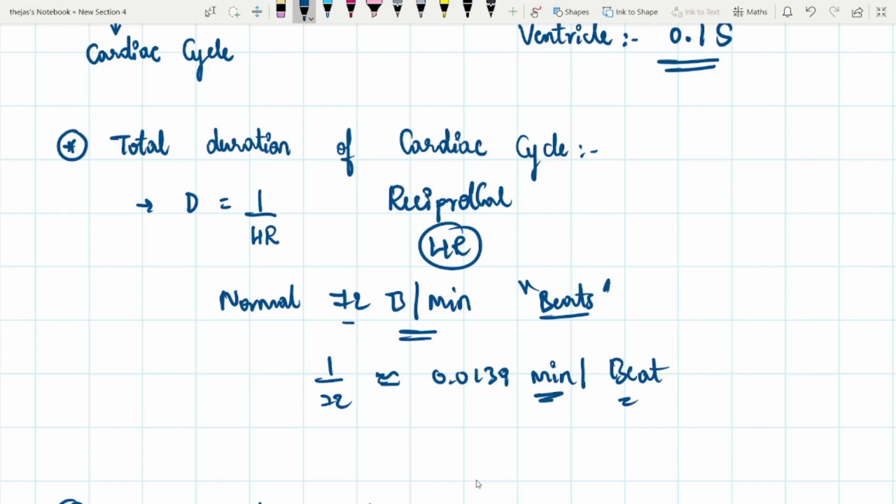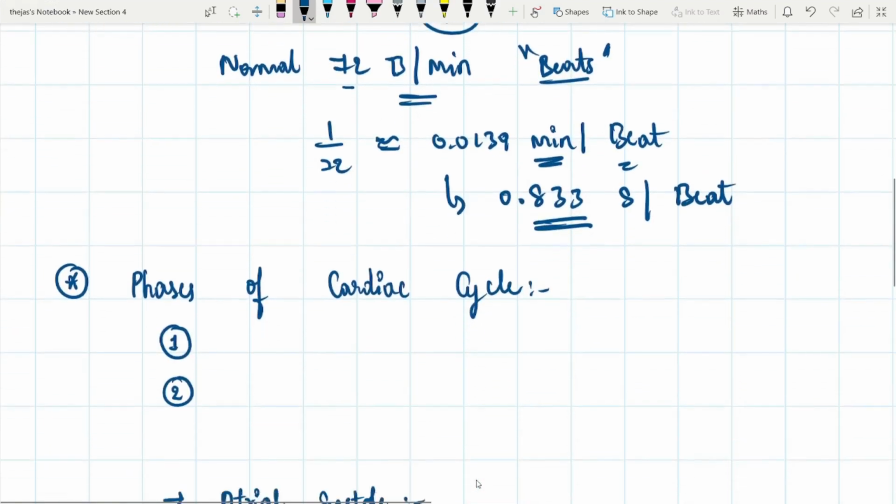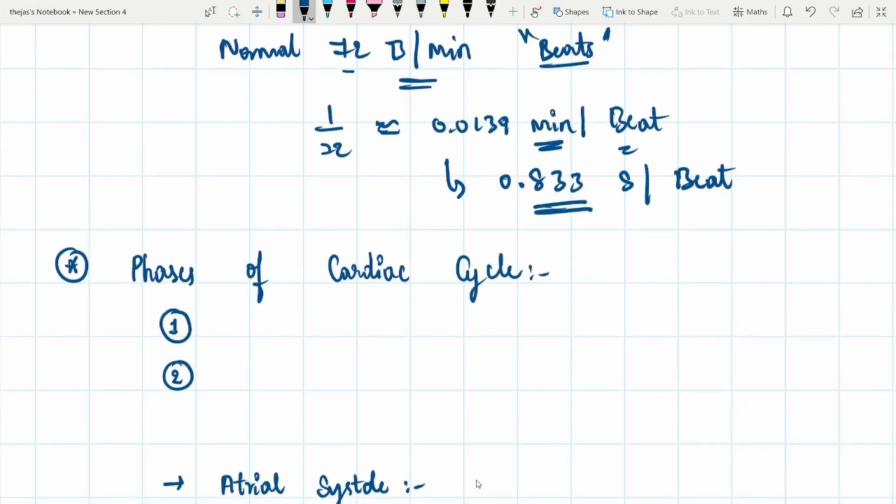So this is in minutes, and we have to convert this into seconds. If we convert this into seconds, it's almost 0.833 seconds per beat. So the entire duration of the cardiac cycle is around 0.8 second. You can round off to 0.8 second. This is the duration of the cardiac cycle.